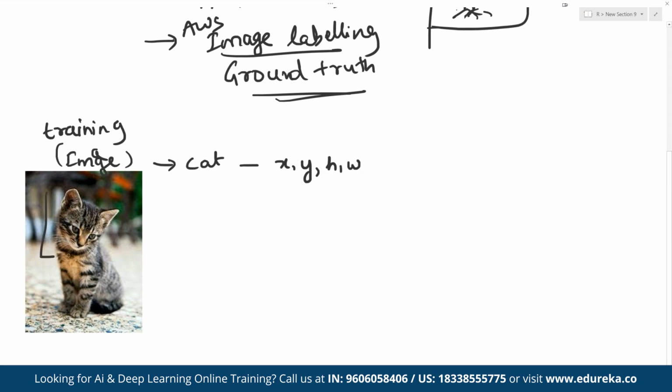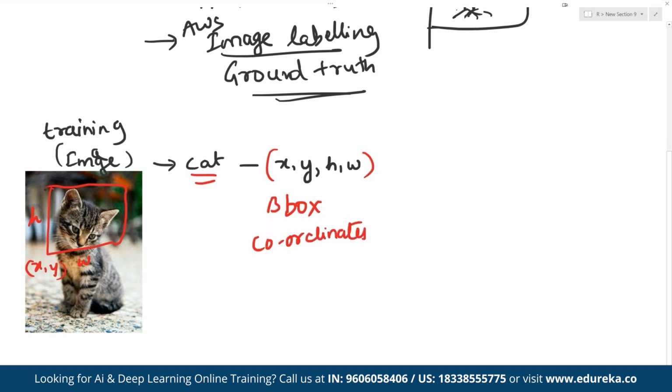If I draw a bounding box, x comma y represents the corner point, and I should have width and height. So my training data should have the image of that cat or object, it should say what is present in that image, and it should also specify the bounding box coordinates.